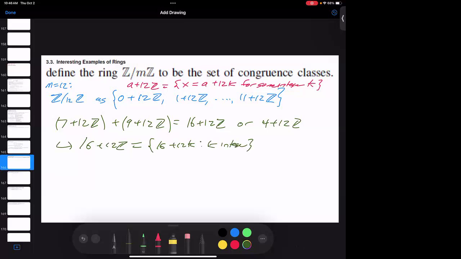What about 4 plus 12Z? That's all numbers of the form 4 plus 12l, l an integer. Are these two sets the same?